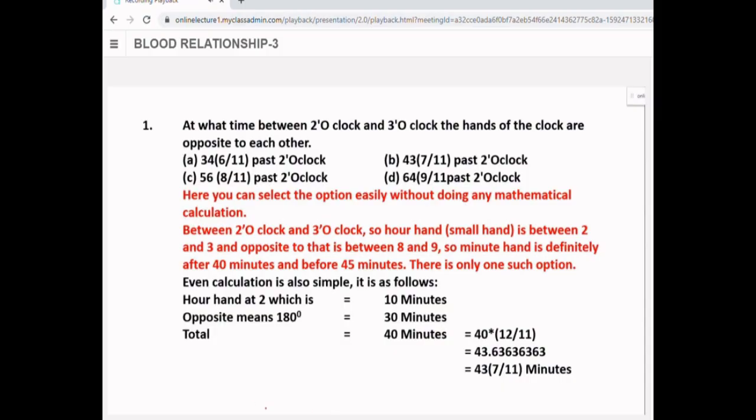Do that calculation. Now, how did I get this last answer? There is a trick for this. I'm telling you the trick. Especially this 7 by 11. How do I get 7 by 11? This 43 I copied from here. Now 0.636363. We don't say 64, we say 6363.